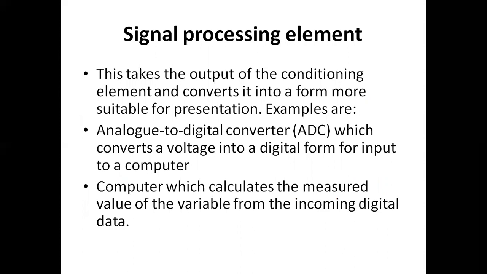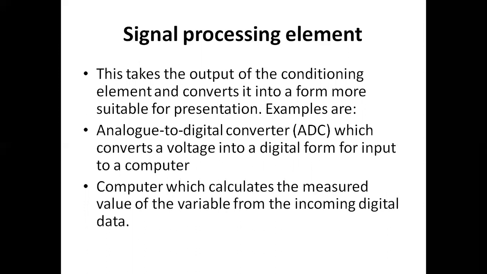So next we discuss the signal processing element. And here you have the signal from the signal conditioning element being converted into a form that is suitable for presentation to the observer.